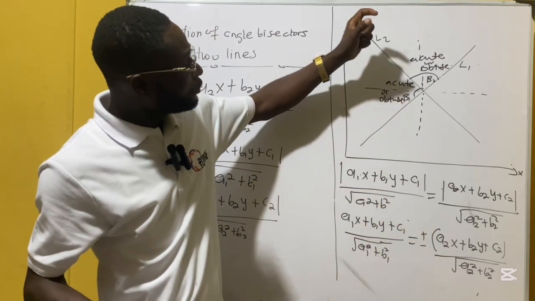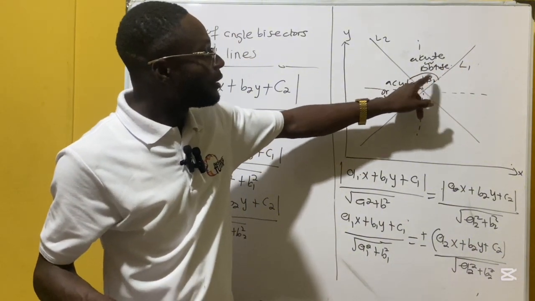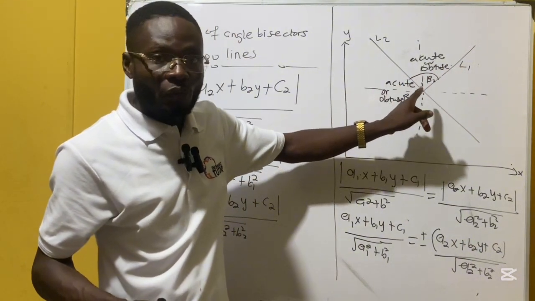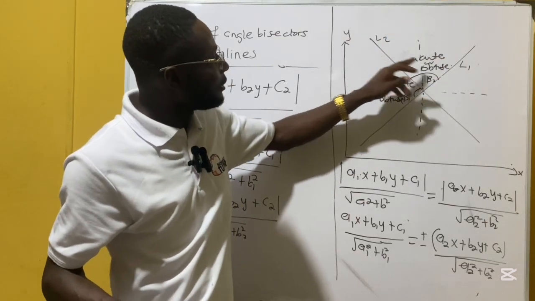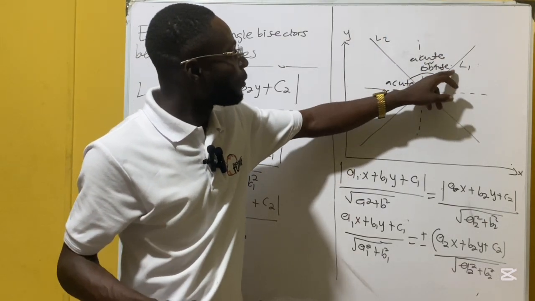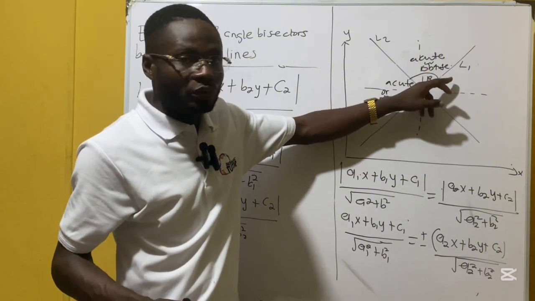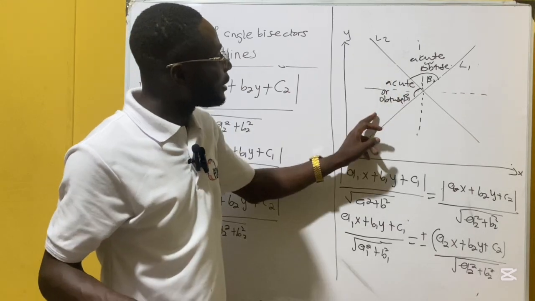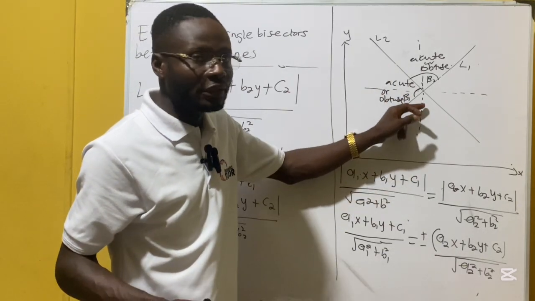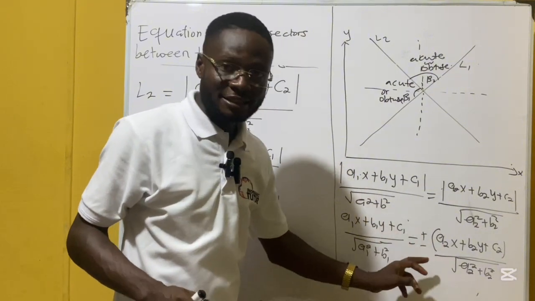So the angle between L1 and L2 here is acute or obtuse, or the angle that forms here is acute or obtuse. That is why we are having this formula.